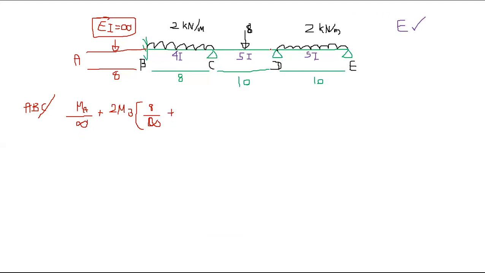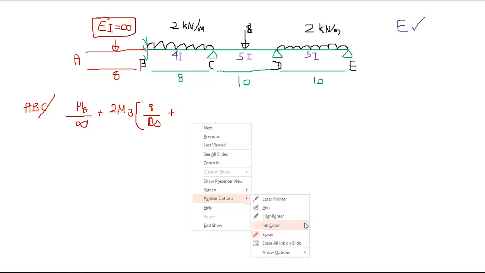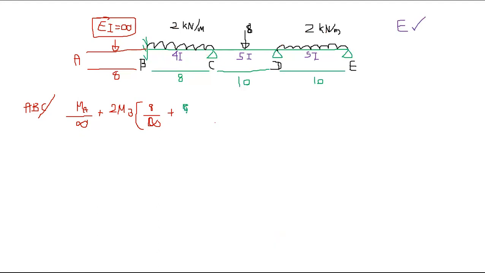So this next part is also 8. I write in different color. 8 over 4EI into MC times L2 over EI, so this is 8 over EI.